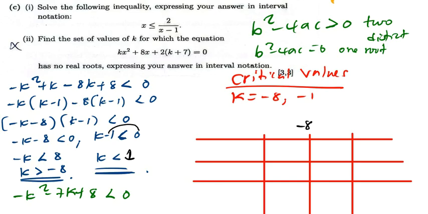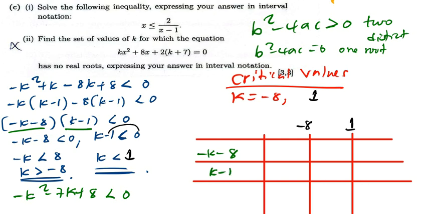This should be positive now. So we have 1. Now the things I'm going to put inside are this guy and that guy: negative k minus 8, and I also have k minus 1.